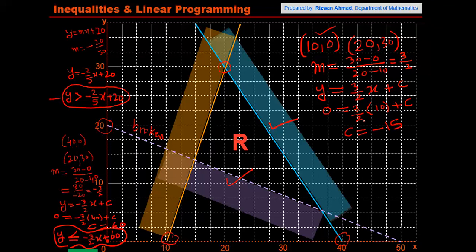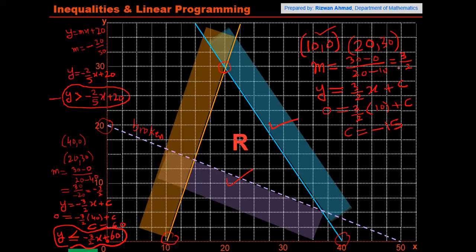So let's see it again. Okay, so negative 15 we got. Now actually here it is 30 minus 0 over 20 minus 10.